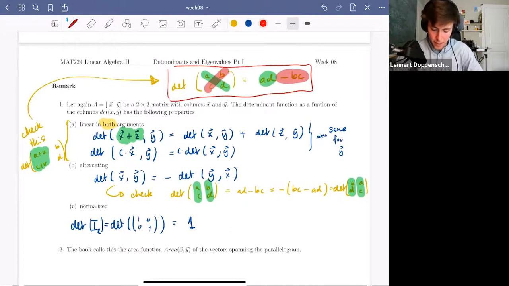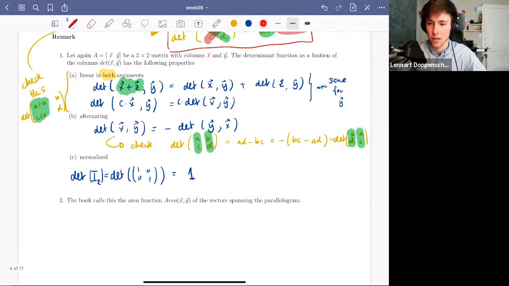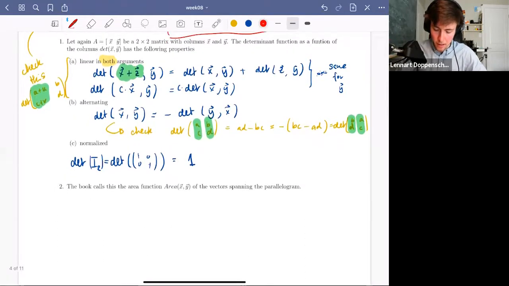The book actually has a different approach to determinants, and it takes quite long until they get to the definition and all these properties. But it's a very elegant definition that the book chooses. The book calls this the area function on the two vectors for a parallelogram.